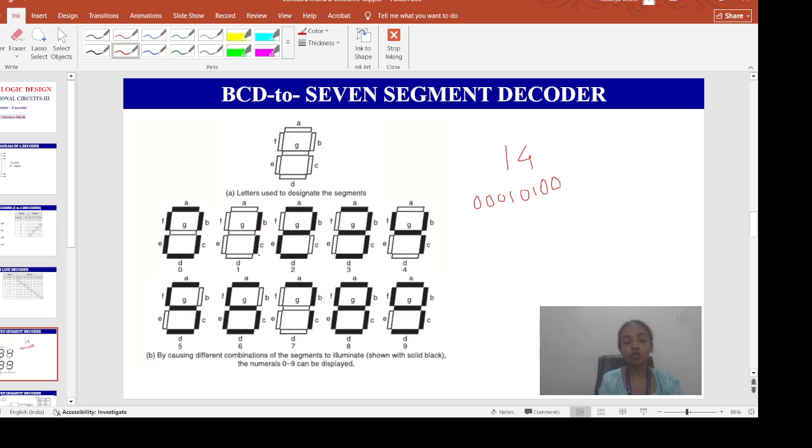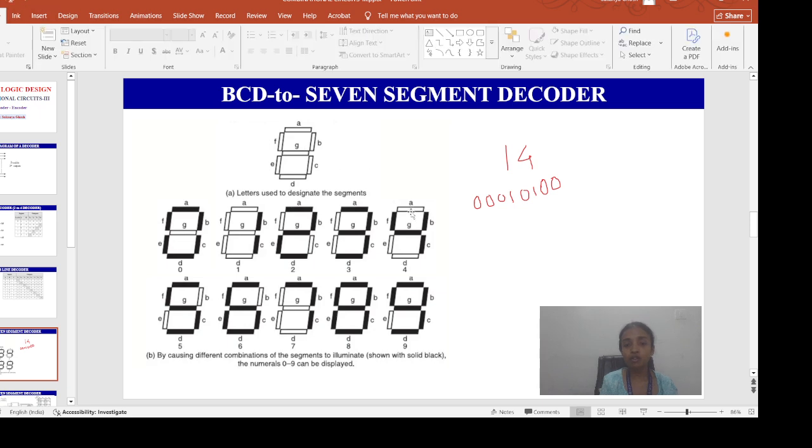1, if I want to glow 1, that means B and C should be glowing. Then if I want to display 2, that means A, B, G, E, D should be glowing. If I want to display 3, means A, B, G, C, D should be glowing, right? If I want to display 4, means F, G, B, C should be glowing.